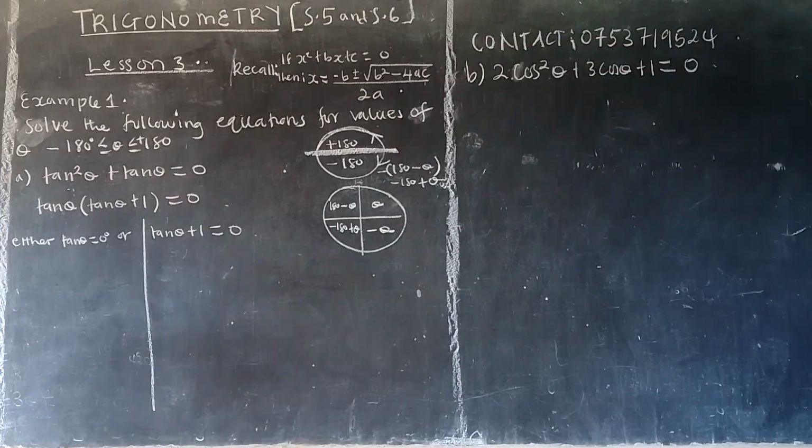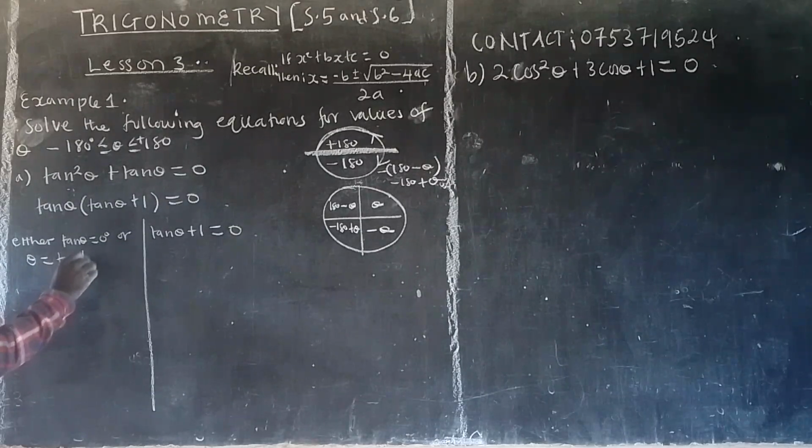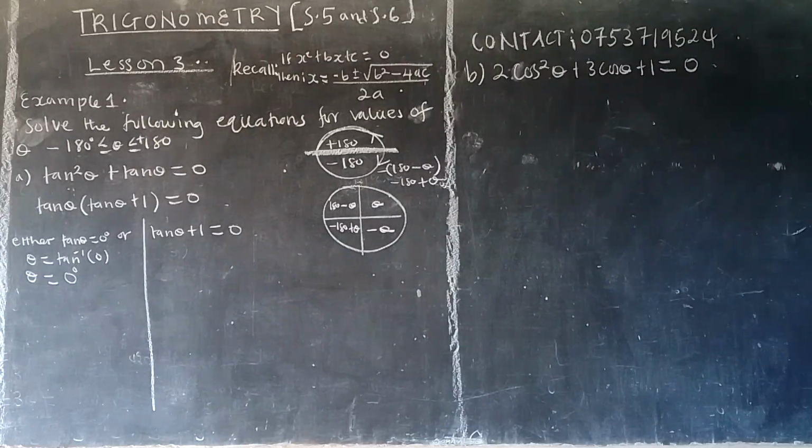Let's start with the first case. Theta is equal to tan inverse of 0, which is just 0. Here I have no way of making a follow-up because 0 doesn't have a sign, whether positive or negative, so I'll leave it the way it is.